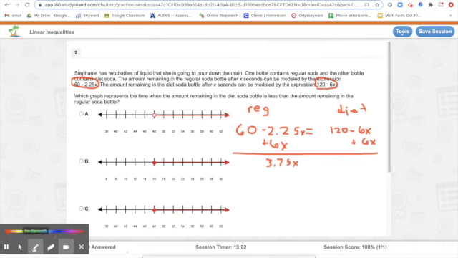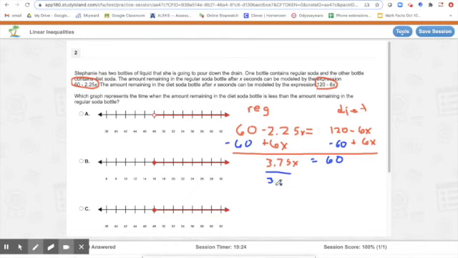Then, getting the constants on the other side, I'm going to subtract this 60 from the other side, leaving me with 60 there. At that point, I'm using inverse operations like we always do when solving. So I'm going to divide by 3.75, and I get x equals 16.